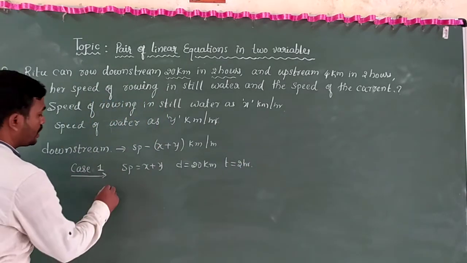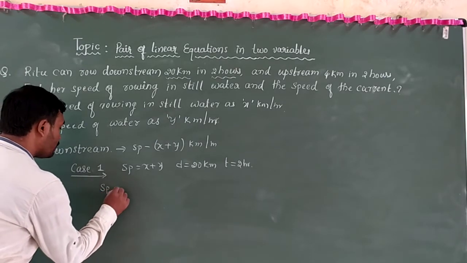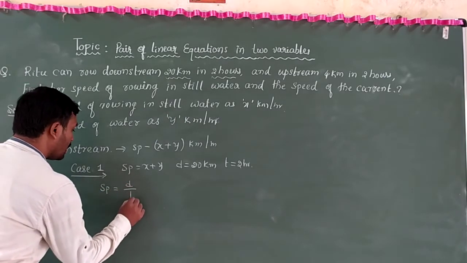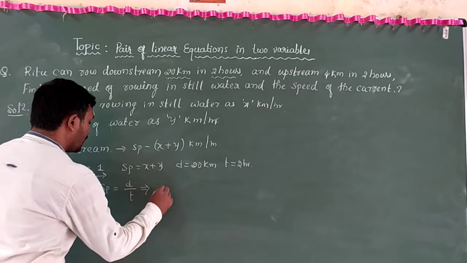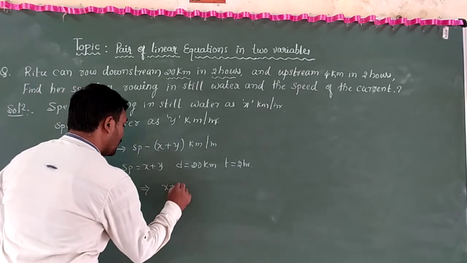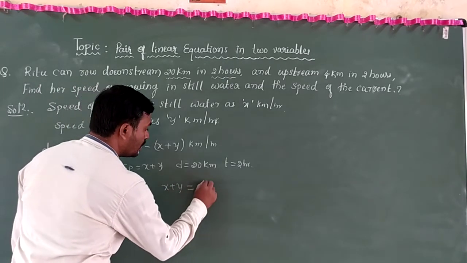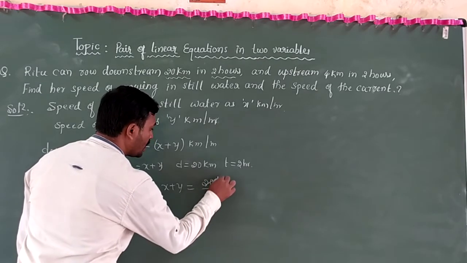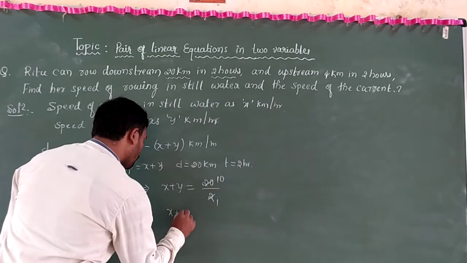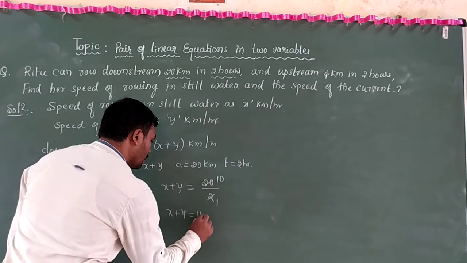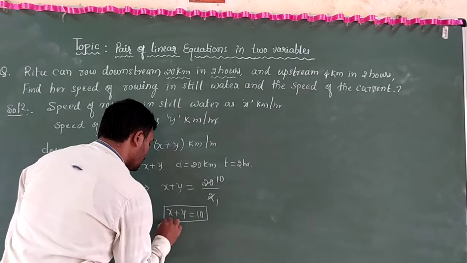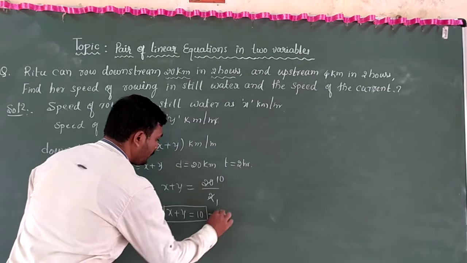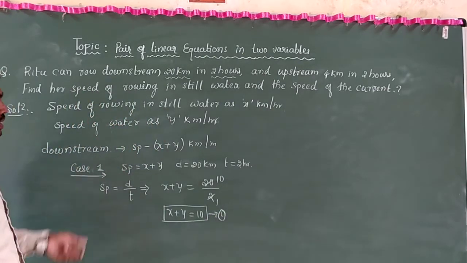Speed is equal to distance divided by time taken. So x plus y is equal to 20 divided by 2. 2 ones are 2, 2 tens are 20. So x plus y is equal to 10. This is our first equation in case number 1.